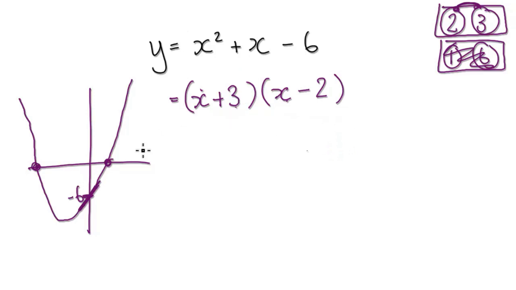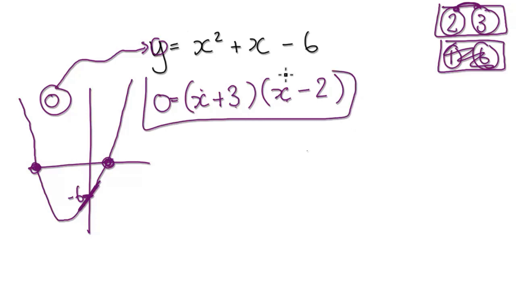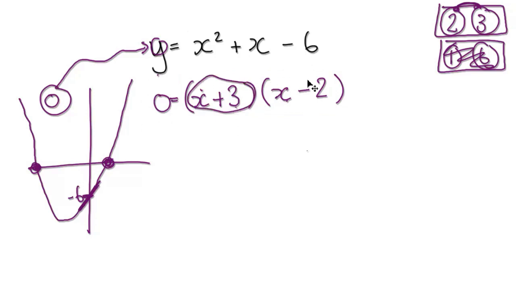So now you want to find the two roots. At these 2 points, the y value will be 0. So we need to put 0 into the y. So that will then give us this. Now, how do you make this whole thing 0? At the moment you've got one bubble multiplying with another bubble. If you put a -3 into here, then this bubble here will be 0. 0 times anything will be 0.